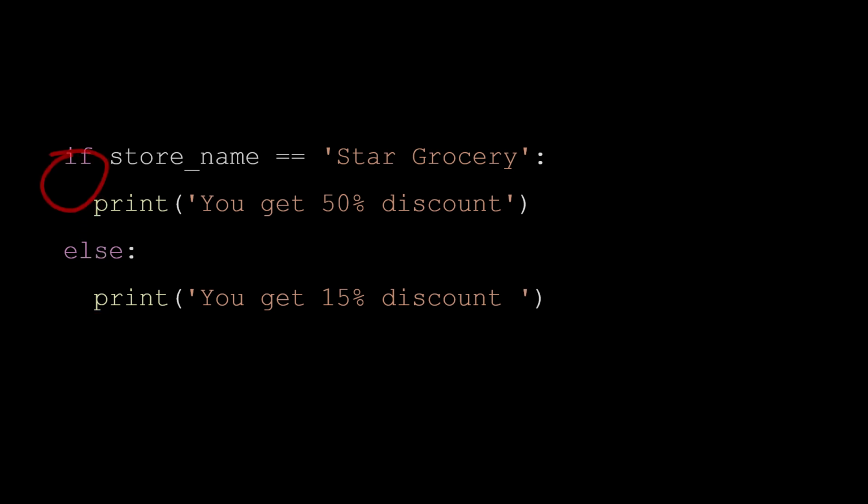In the earlier example, we had only two decisions to make: print 50% or 15%. So, we had one decision by the line starting with if and the other decision starting with else.